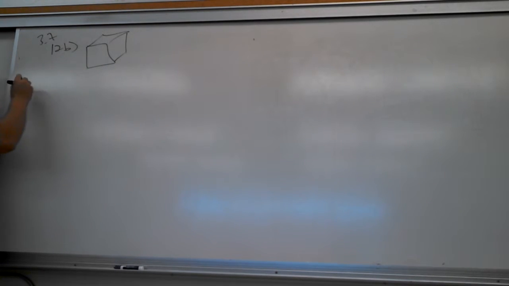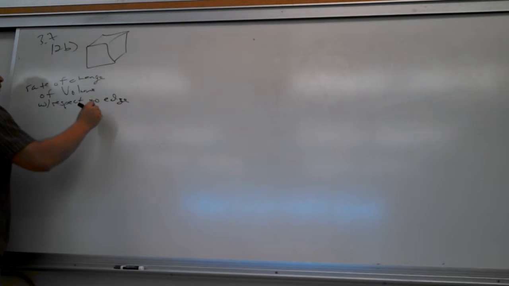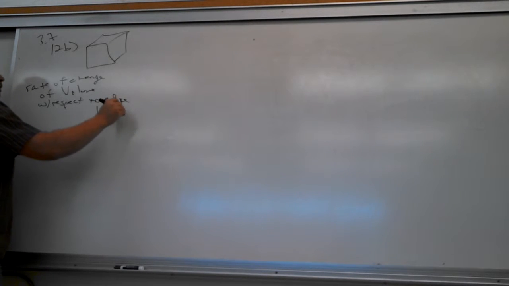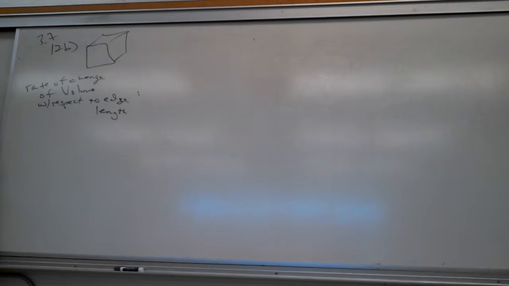So the first thing is, it's asking you to find the rate of change of the volume with respect to edge length. Now you start to realize why I make a big deal out of writing what they ask you in notation, so that it actually informs you as to what to do.